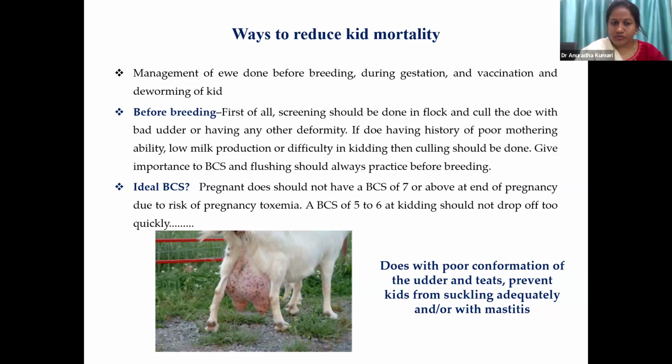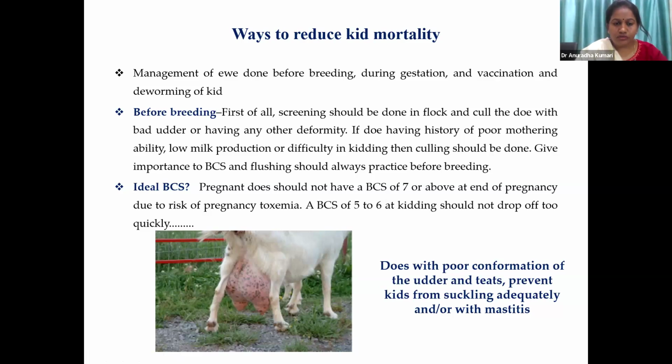At the time of selection, a doe having a bad udder or other problems should not be used for breeding purposes. A mother having poor mothering ability, low milk production, and difficulty in kidding, if she has a history like that, should be culled and not used for taking the future kid crop.